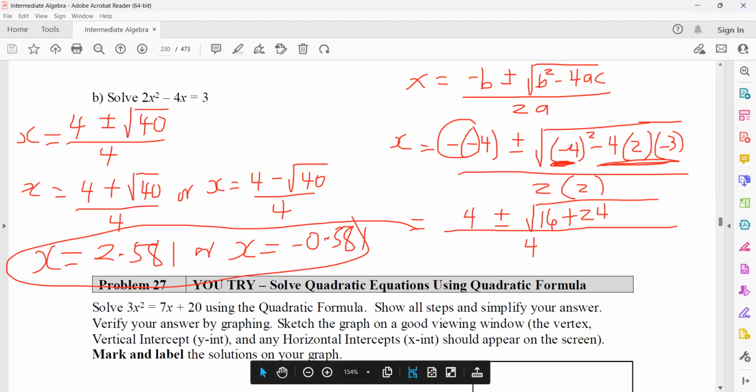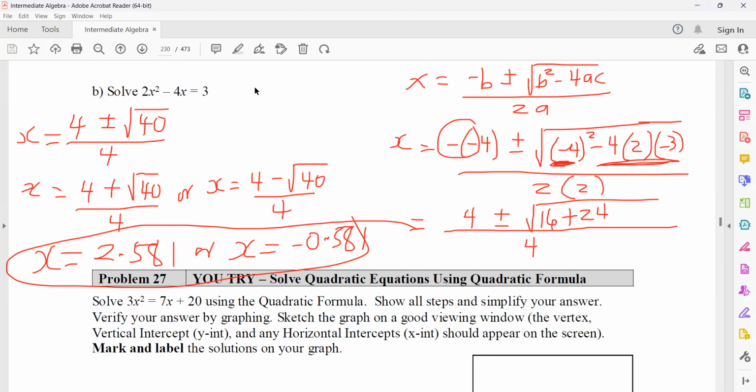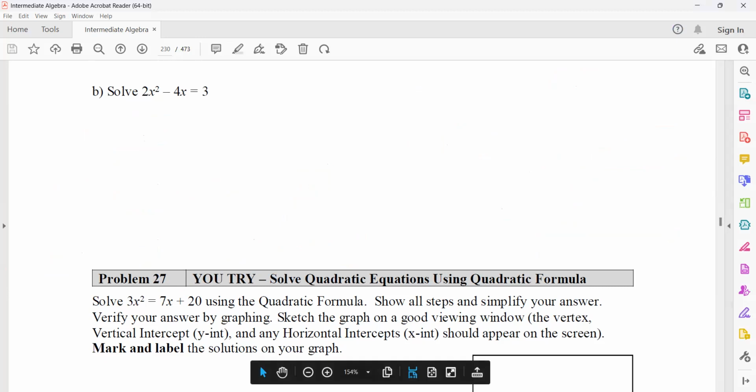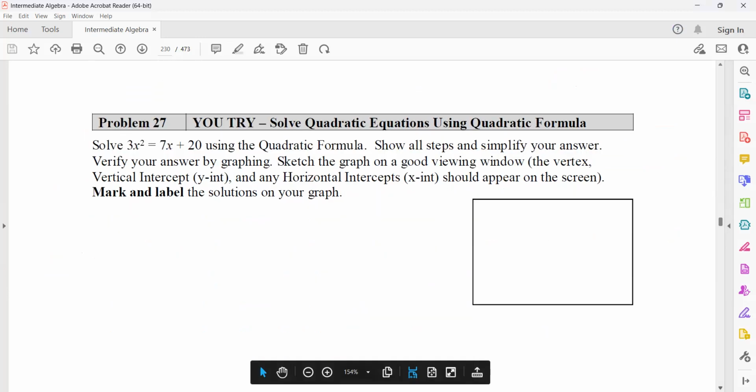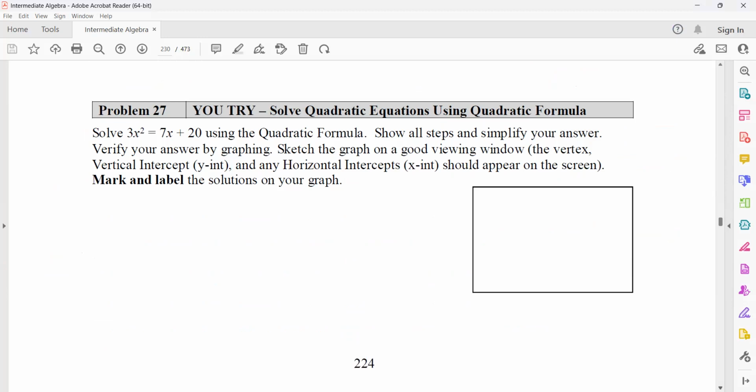Now, in problem 27, this is a U-try problem, so I'm going to do that also. It says solve 3x squared equals 7x plus 20 using the quadratic formula.